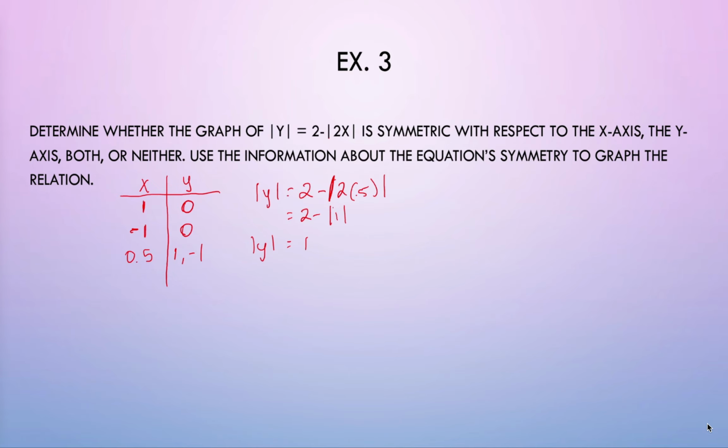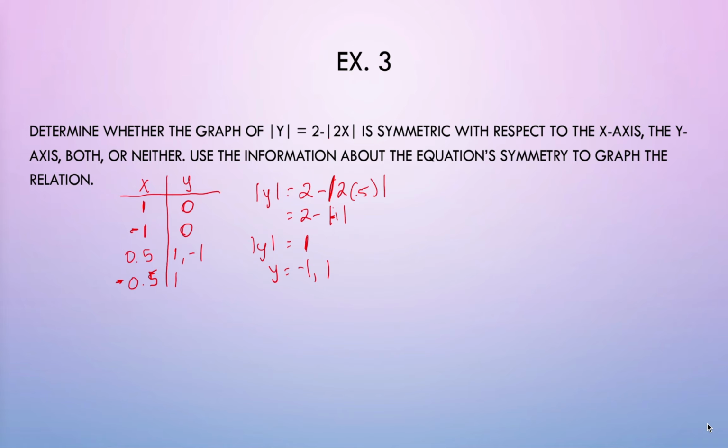So we get that the absolute value of y equals 1, which means that y could be negative 1 or positive 1. And the same thing if we pick negative 0.5. Again, this becomes negative 1, but 2 minus the absolute value of negative 1 is still 1.